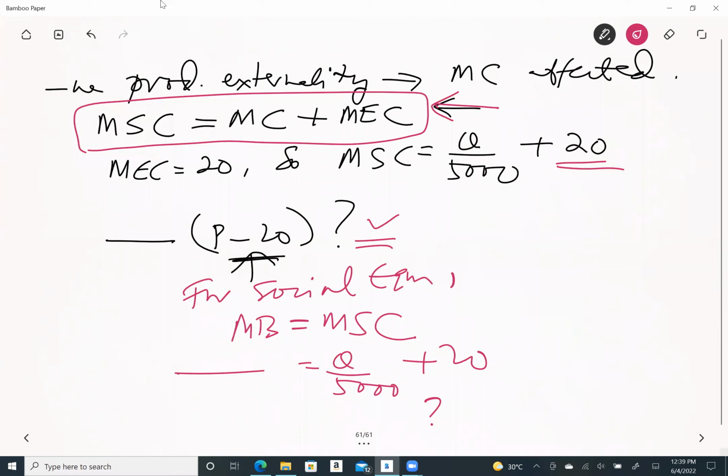Q equals to 333,330. Is it correct or not? Everybody get the same? So 333,330. Oh, right. Check.